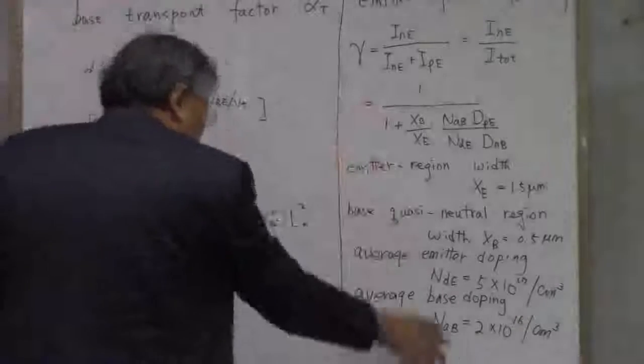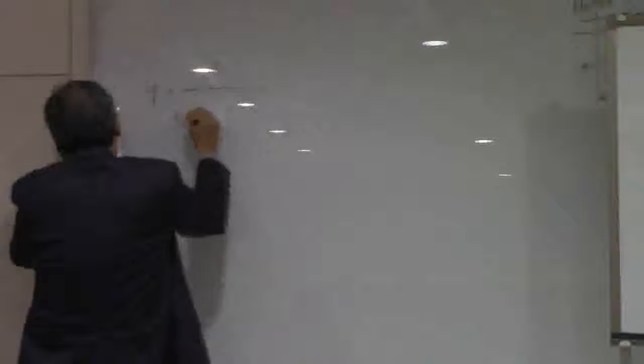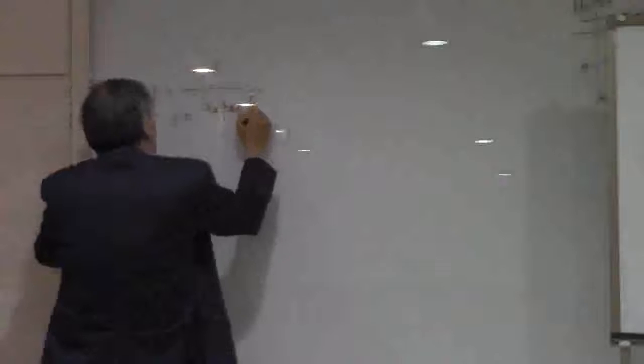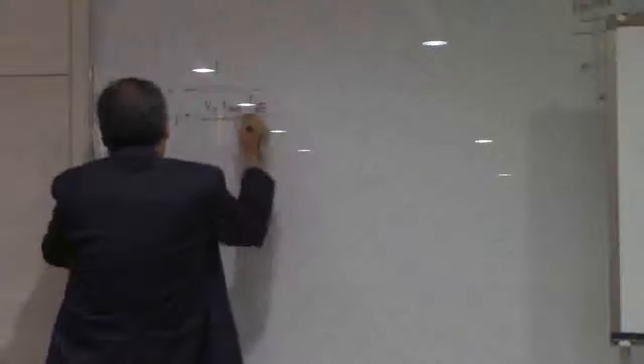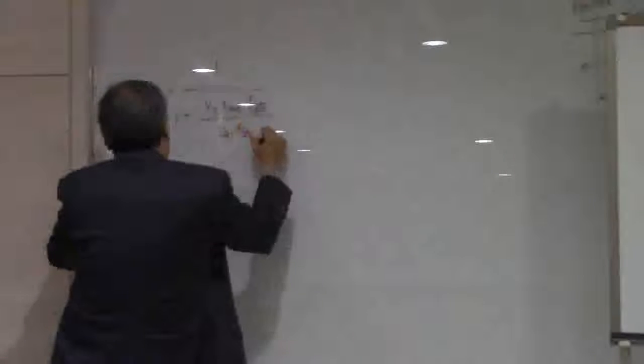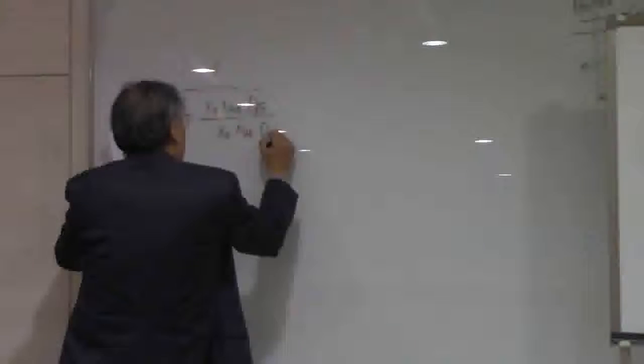Then we can calculate the gamma on this base, okay? If you calculate the gamma on that example, the gamma now is going to be 1 over 1 plus XB and NAB, DPE over XE and NDE, DNB.